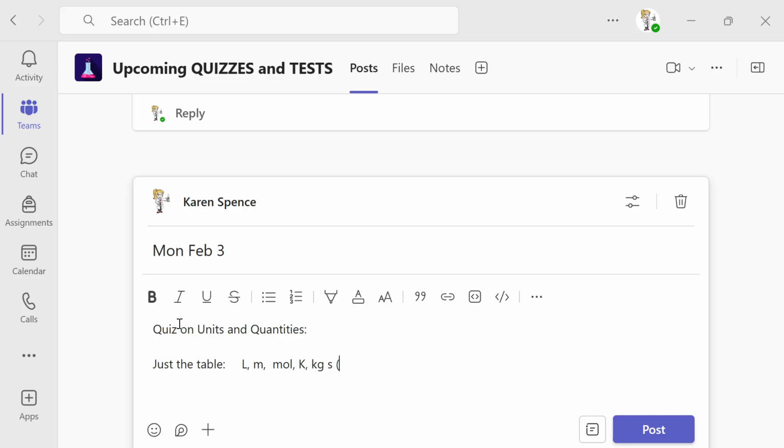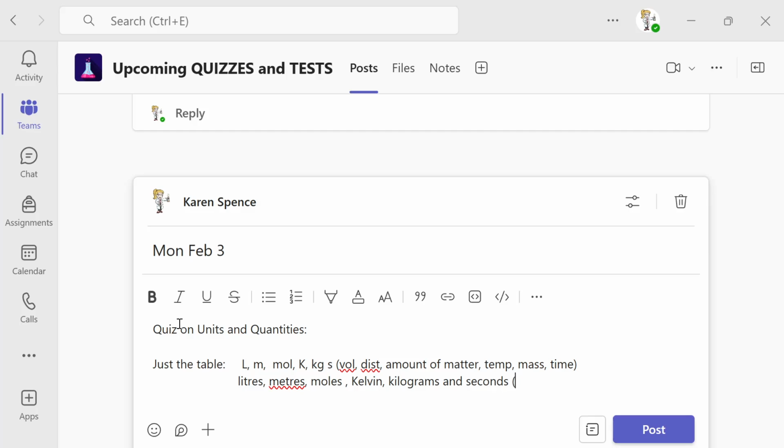And you need to know that that goes along with volume, distance, amount of matter, temperature, mass, time. You need to be able to fill in that chart, and you should write out the whole word: liters, meters, moles and Kelvin, kilograms and seconds.